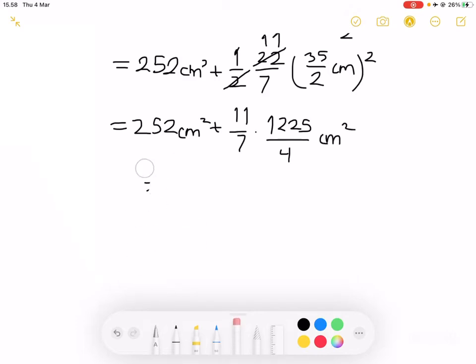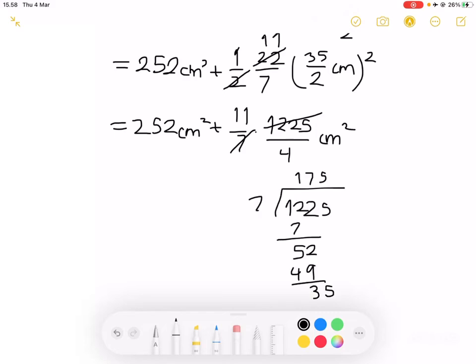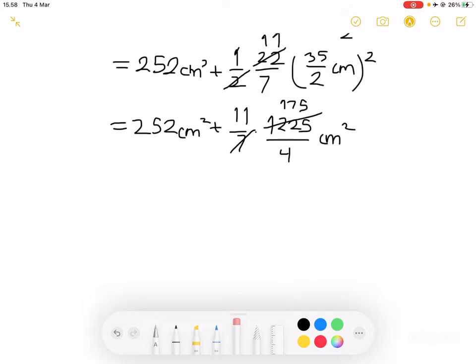And in fact, we're working with large numbers, so we can just cancel out a 7 and a 125. And then after this, we'll just multiply that by 11. So overall, this will be equal to 733 and a quarter centimeters squared.